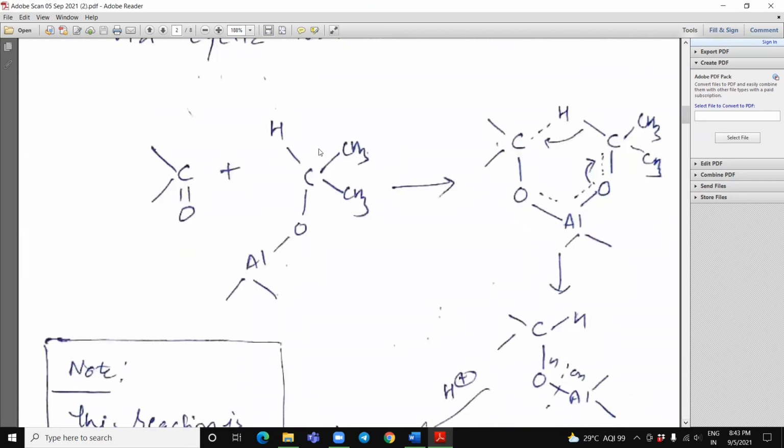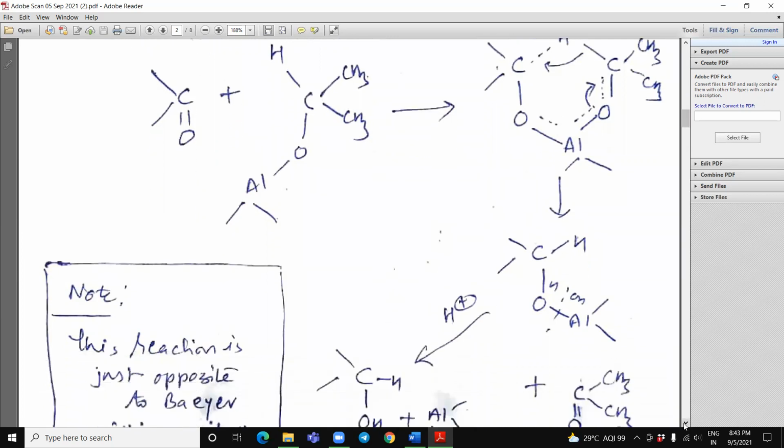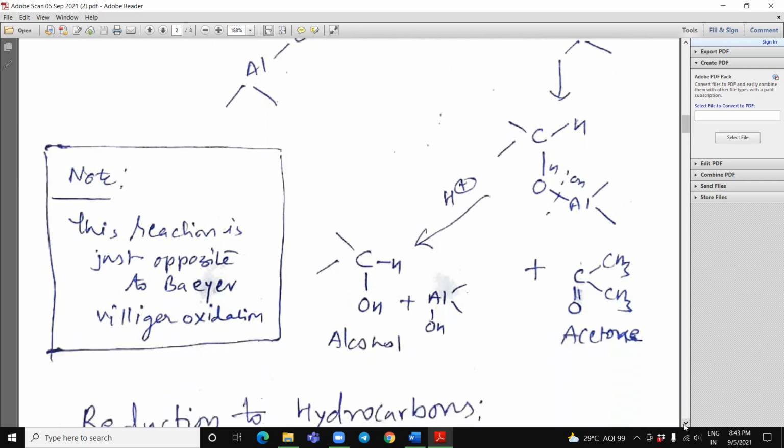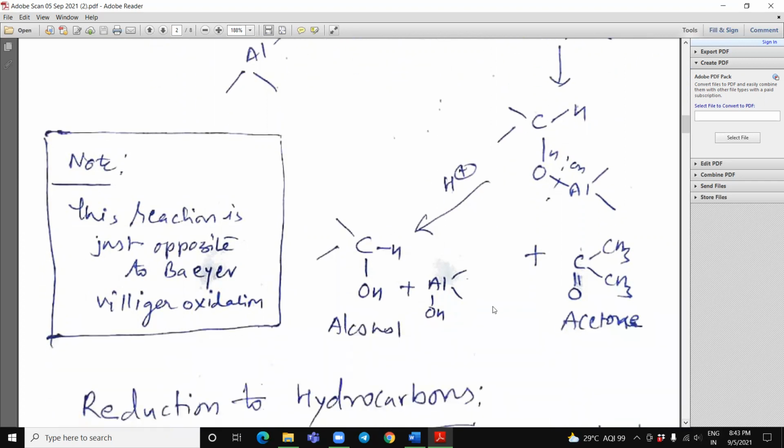See here how it is: this hydride is transferred to the carbonyl carbon, and this is the cyclic transition state, and then it will hydrolyze, and then it will give the corresponding alcohol and this byproduct. This reaction is just opposite to Oppenauer oxidation.